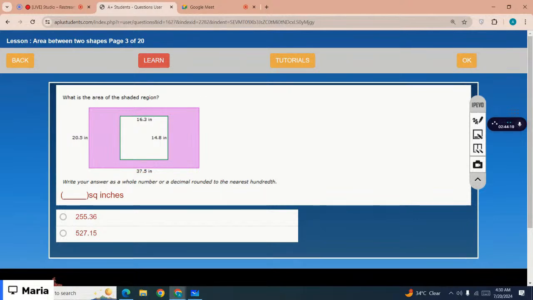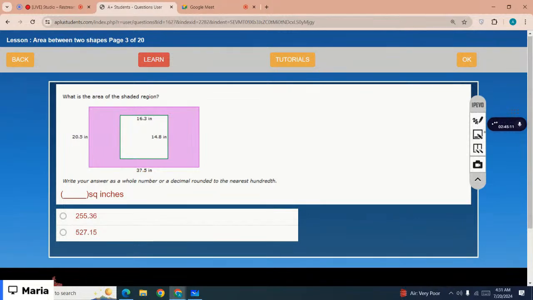What is the area of the shaded region? Okay, let's just calculate the area of the shaded region.